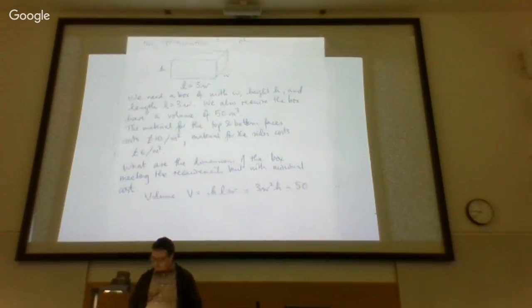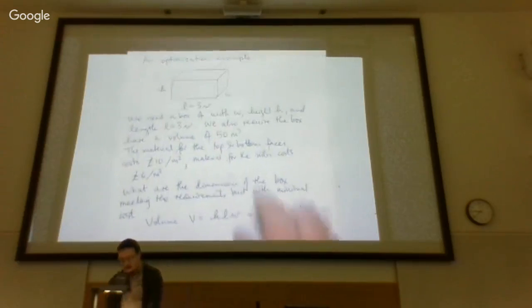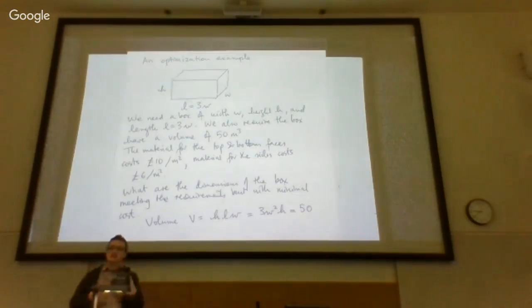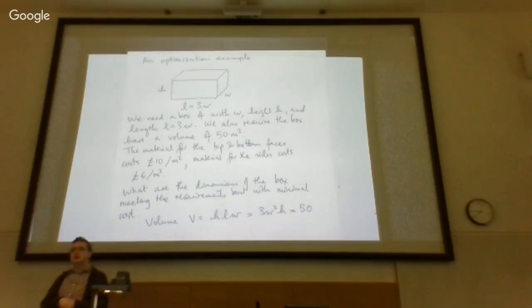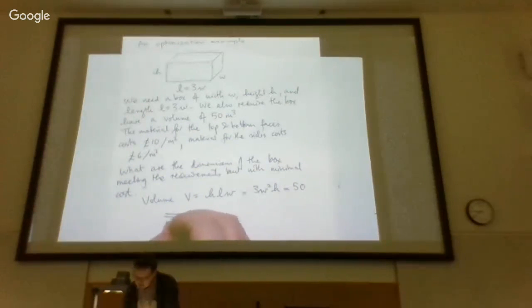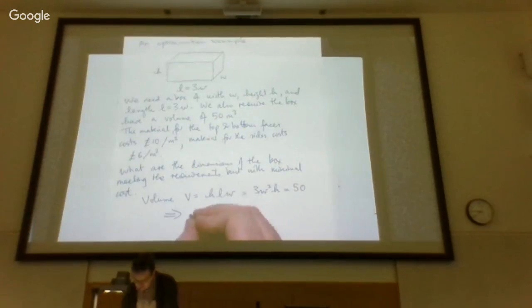But we have the requirement that the volume has to be 50 cubic meters. So actually the width and the height, we started off representing them with different variables as if they were independent quantities. Well, actually, we see that the volume constraint makes them dependent on each other.